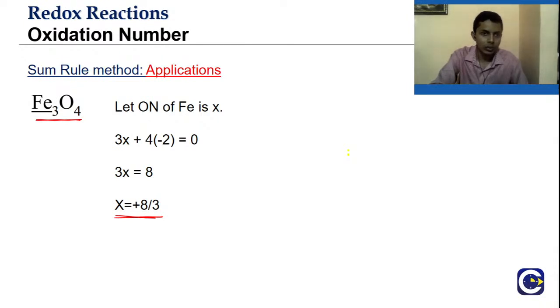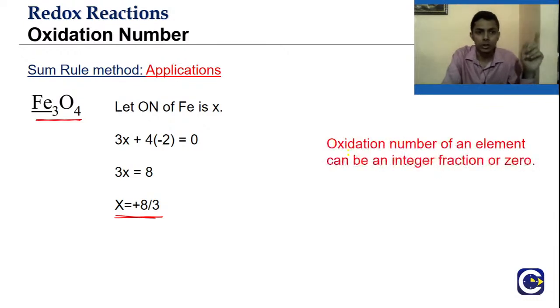Now just imagine, can the charge on any atom be a fraction? We know that oxidation number means it is a notional charge. Can that charge be a fraction? No, right? Either one electron can go or one electron can come. How can this fractional charge come? It's not possible. But in a few cases, it is possible.